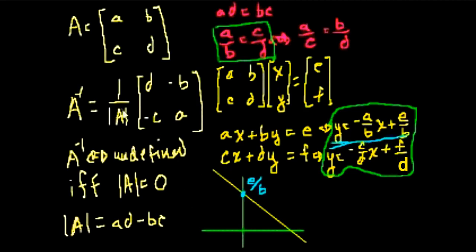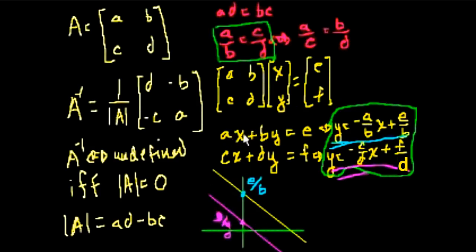And then the second line, let me do another color, I don't know if it's going to be above or below that line, but it's going to be parallel. It'll look something like this. That line's y-intercept is going to be F over D. So if E over B and F over D are different terms, but both lines have the same slope, they're going to be parallel, and they'll never intersect.